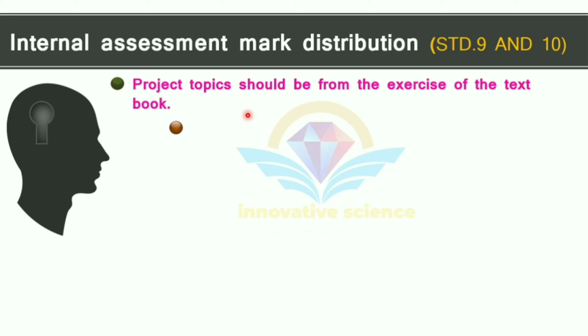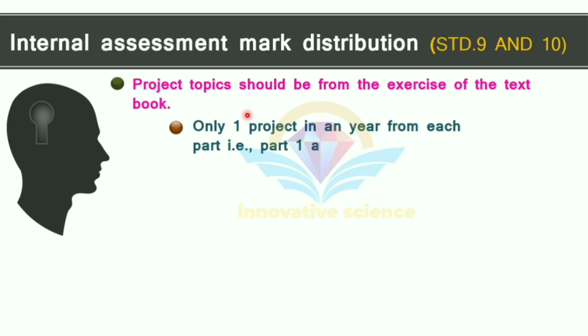Then next point, you have to do one project for part 1 and one project for part 2. That means total 2 projects are compulsory.